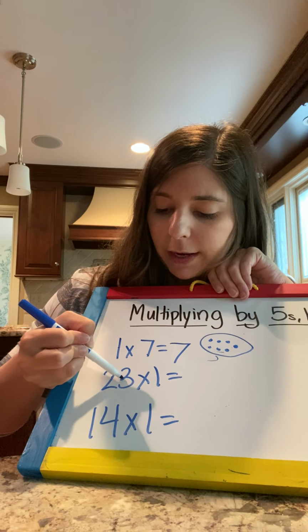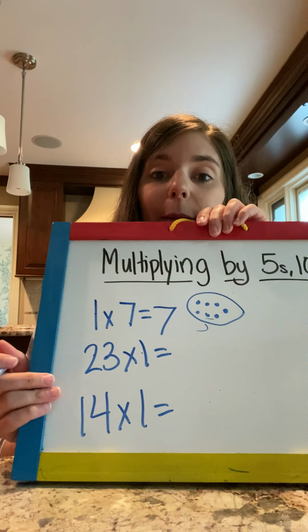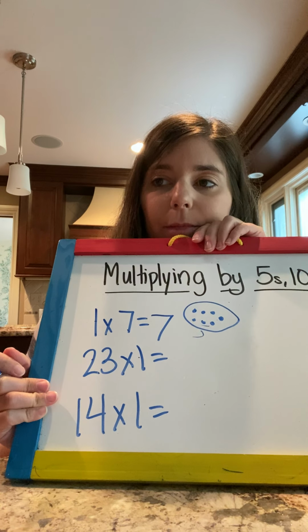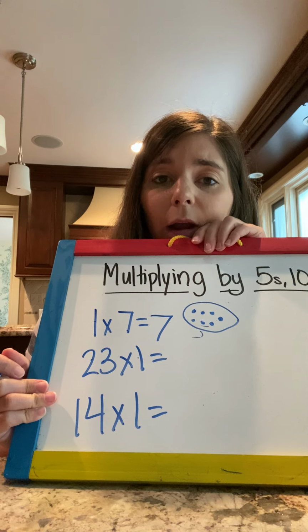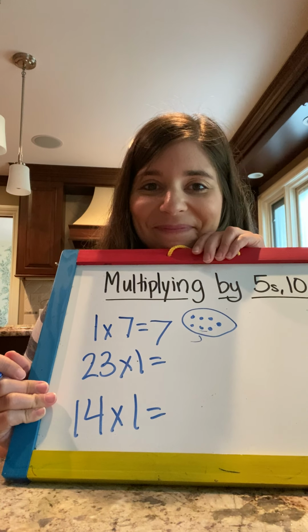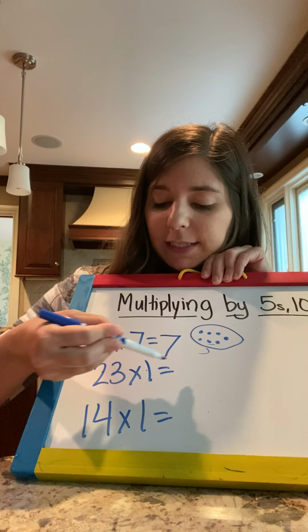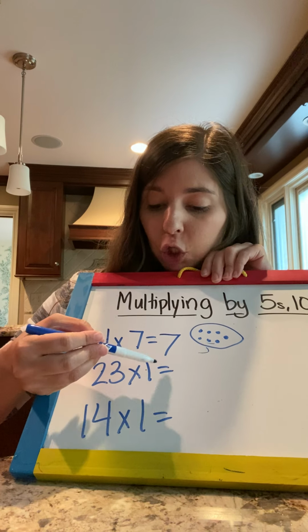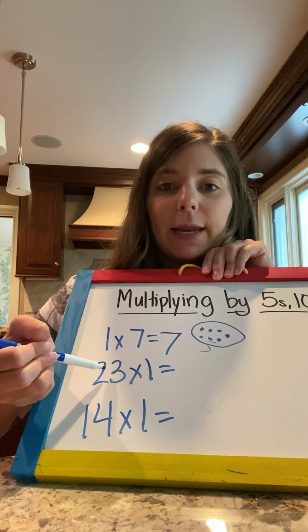So 23 times 1 is your next problem. Go ahead and take a minute to write that down. But Mrs. Green, we already know how to do it. Do we really have to write it down? Yes, you do. 23 times 1 would mean you have one group with 23 in it.